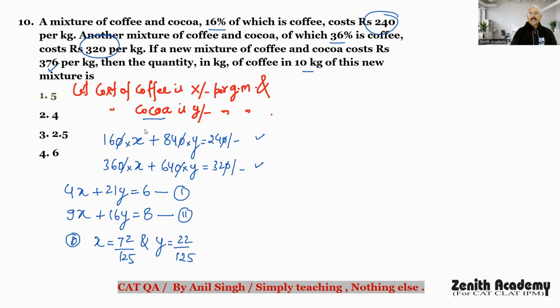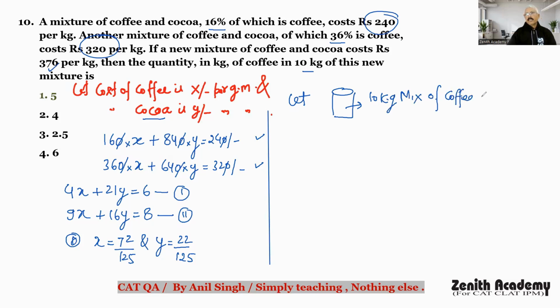So let us talk about the 10 kg mixture of coffee and cocoa. It is given that the new mixture cost is 376 rupees per kg. So the cost of 10 kg will be 10 into 376 rupees. And now suppose a kg is coffee.